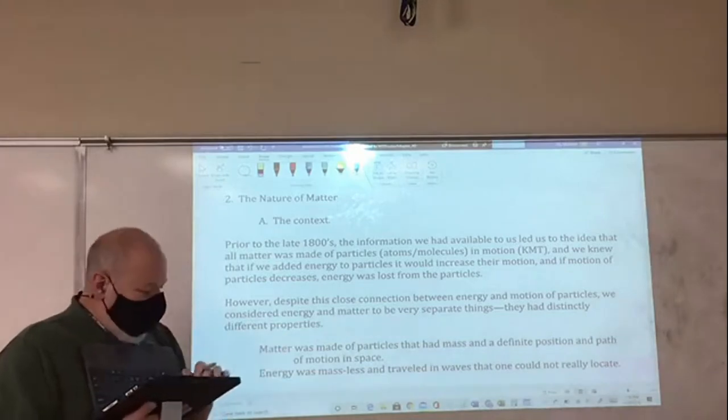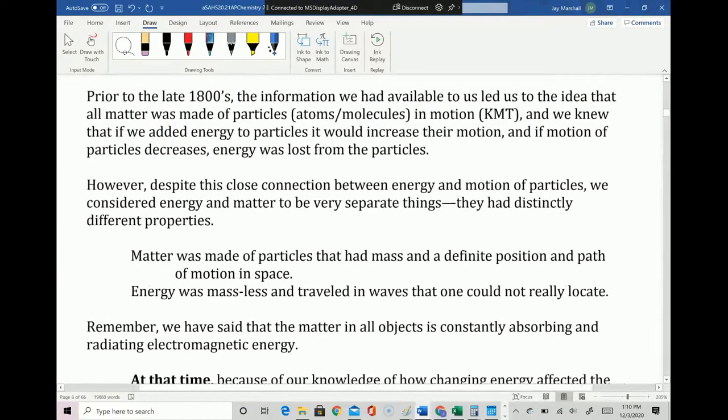Okay? But when we thought about that, we considered energy to be something very different from mass or from a particle. We thought energy was something that was very different than matter itself. They had distinctly different properties.